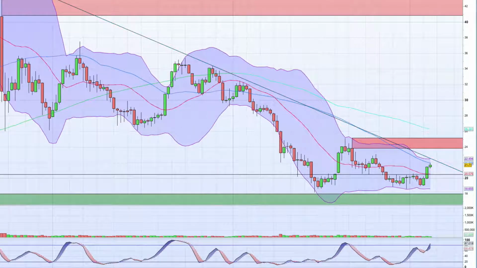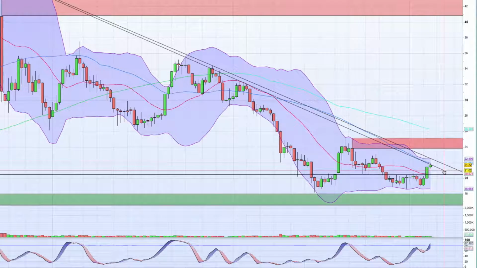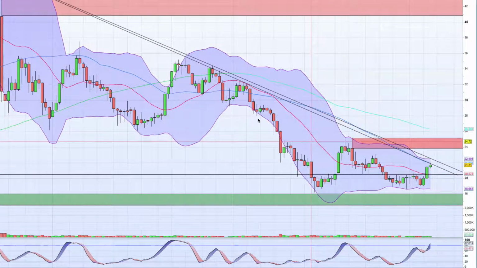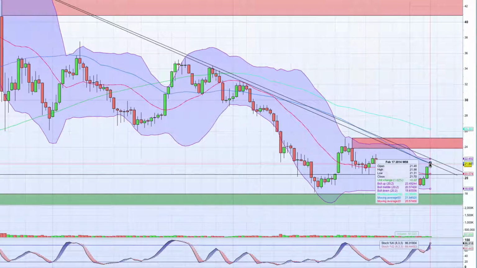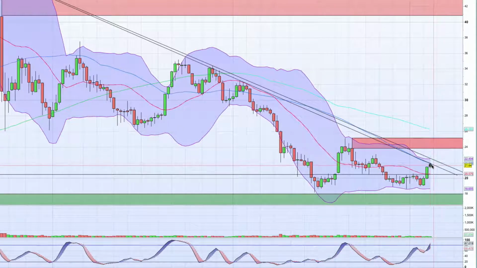So we draw two lines just to be on the safe side, but technically both of them can act as resistance. It depends on what the majority of traders are looking at. Are they looking at this one, or are they looking at the other one? So again, it held up at this line here, roughly around 22 was the high. We're looking for a breakout.